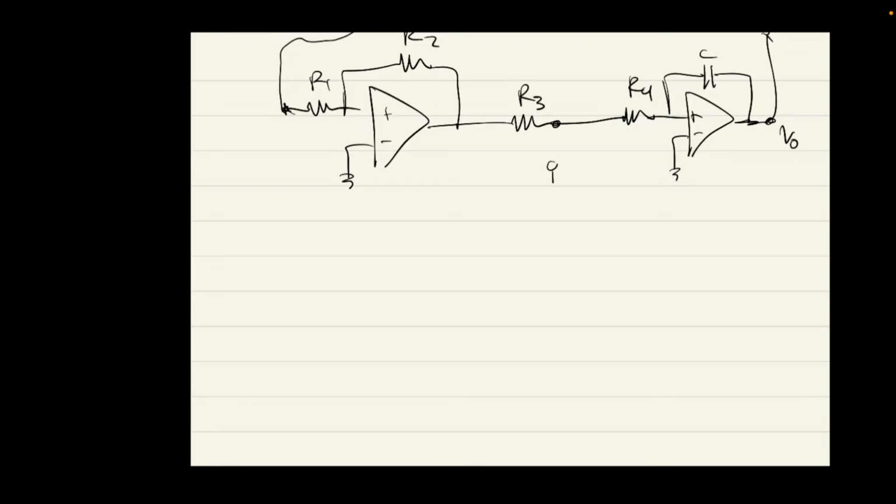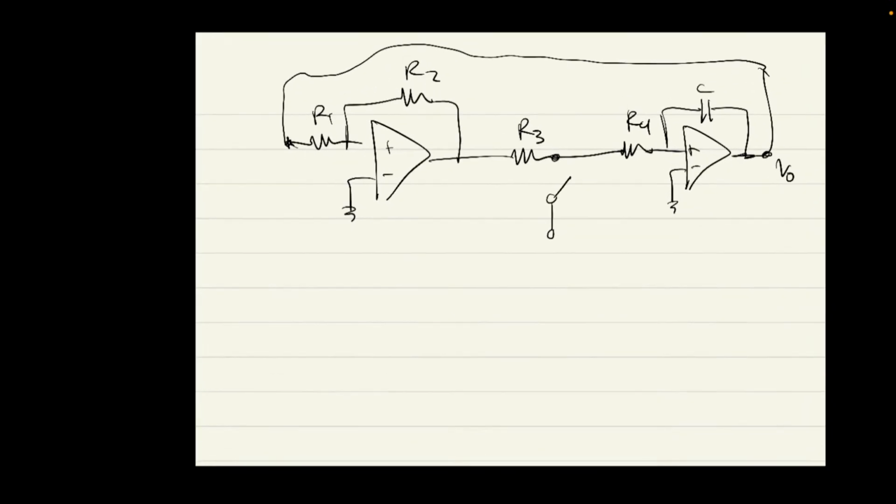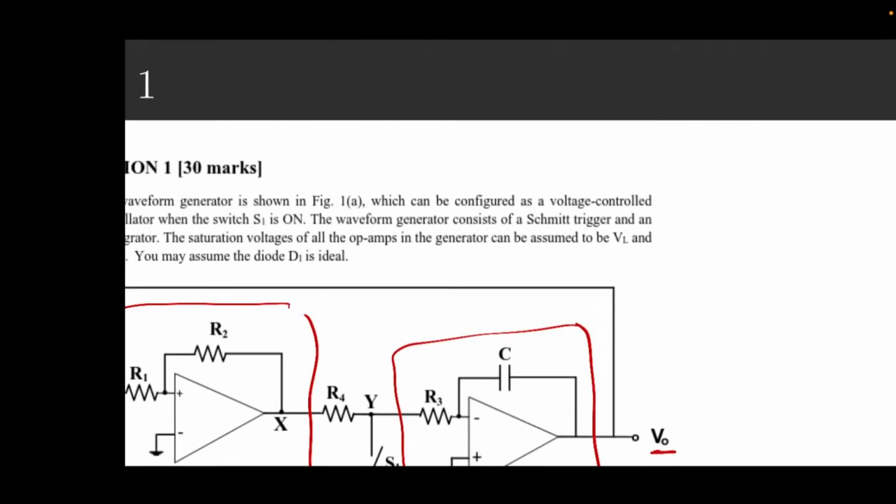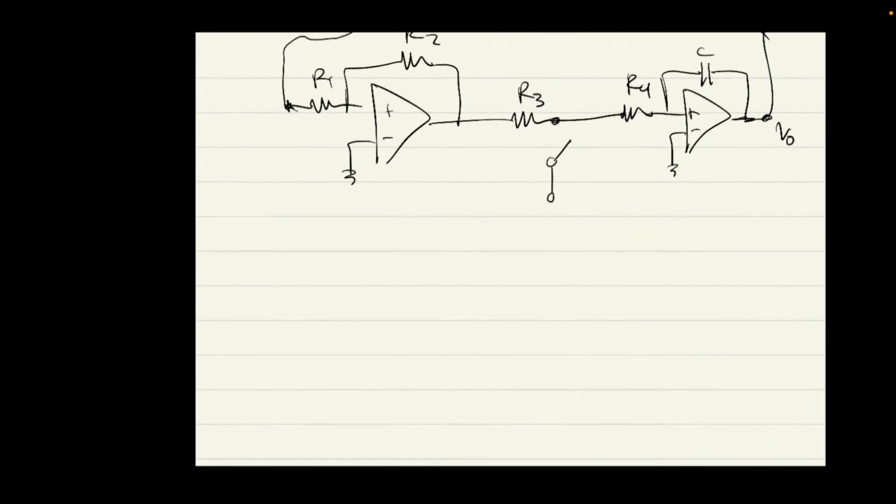Now note that the switch is off, so we don't have anything here. So the question is asking us to draw just the waveforms for Vx, Vo, and Vy. So Vx is here, Vy is here.